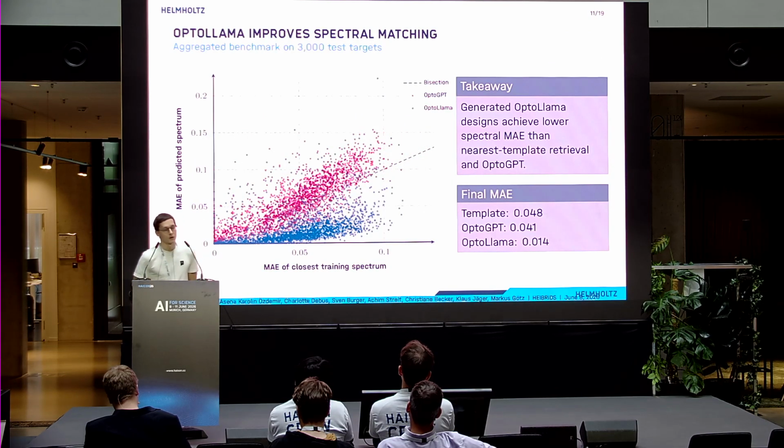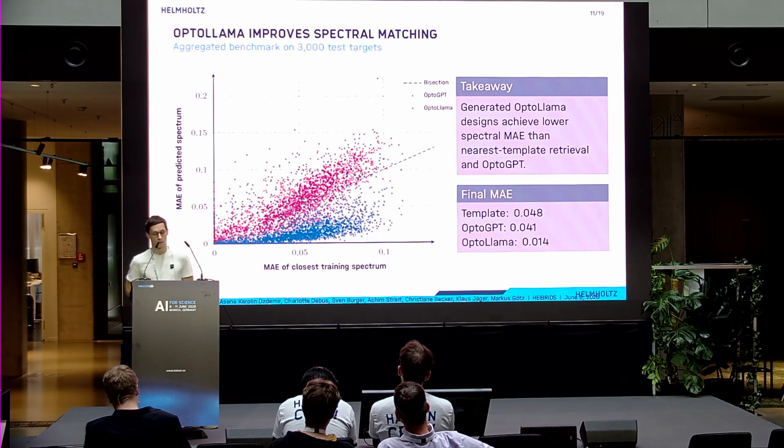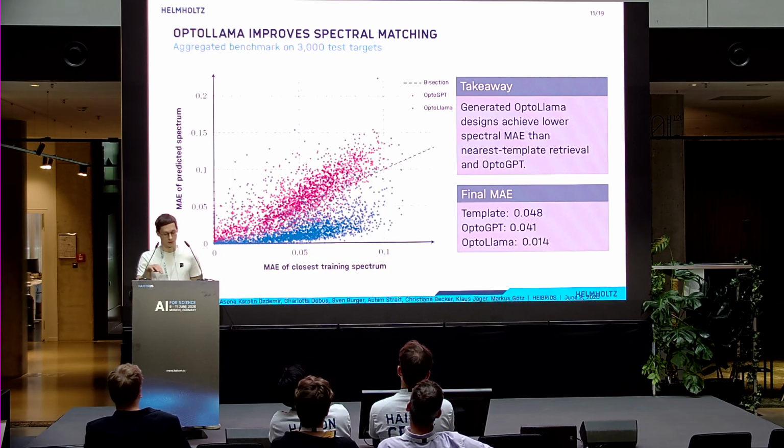When we do some aggregated performance comparisons, here you see 3,000 testing points, and here we compare OptoLlama against OptoGPT, and also the nearest neighbor lookup. If one of those points is below this dashed bisectional line, then it means the performance of the model is better than the nearest neighbor in the dataset.